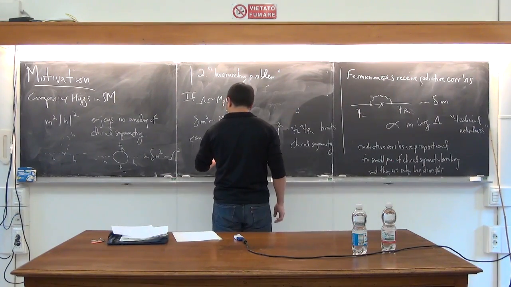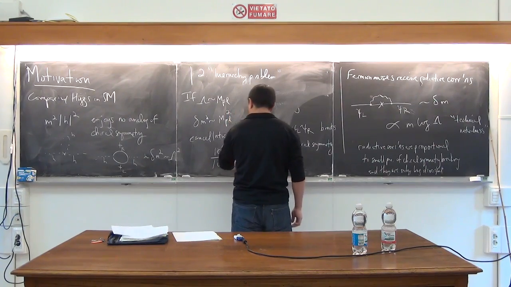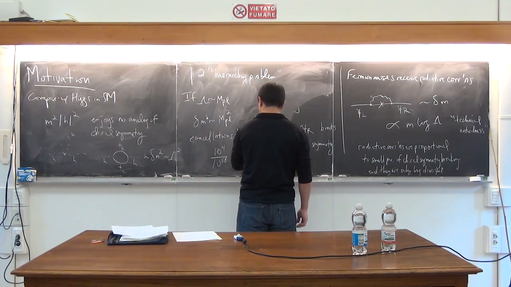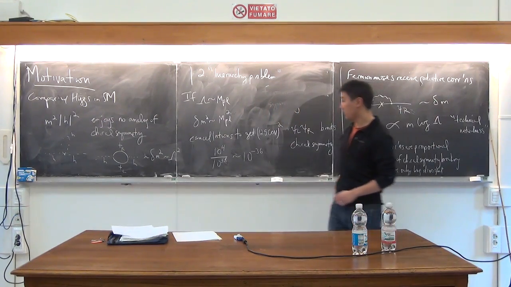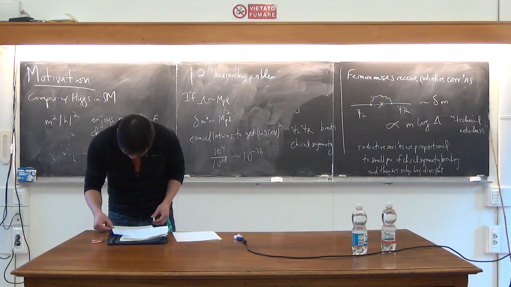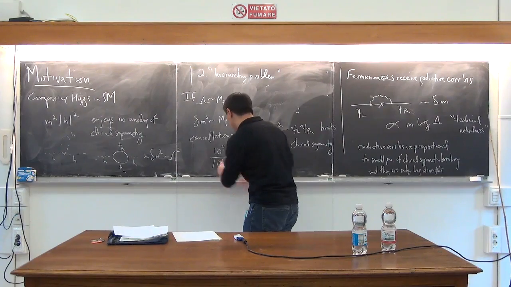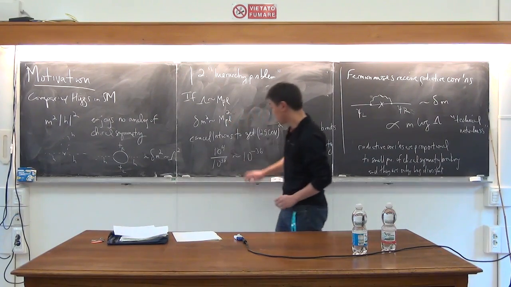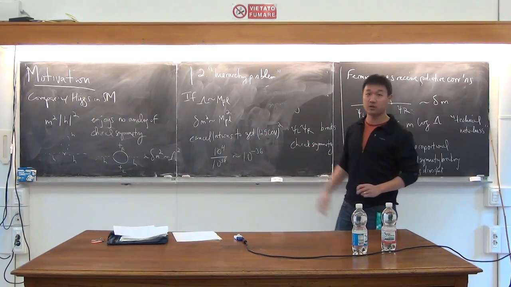So that's of the order of, say, 10 to the 4 over 10 to the 38, which is 10 to the minus 34. Anyway, if I include some loop factors, you either get 10 to the minus 36 or 10 to the minus 32, depending on how you do the estimate.